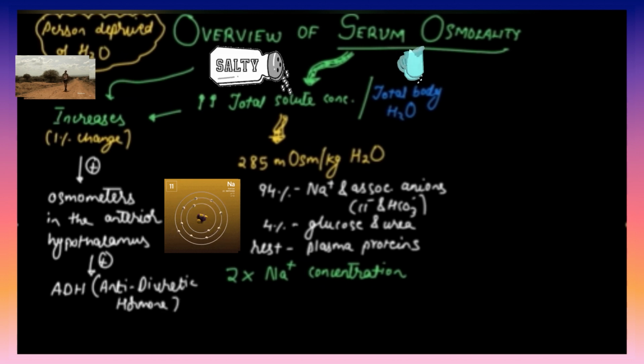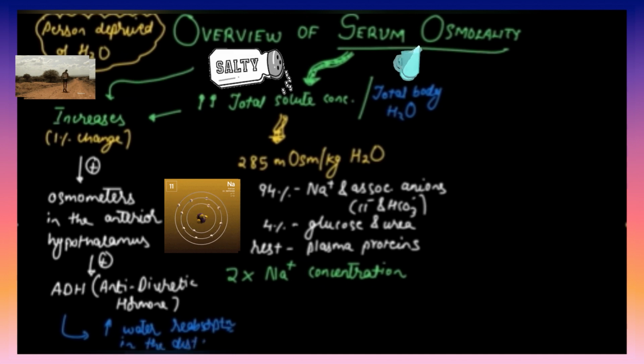So ADH will increase the reabsorption of water from the late distal tubule and the collecting duct, and thereby restore the osmolality back towards normal. It does this by inserting water channels called aquaporins into the principal cells of the late distal tubule and the collecting duct, and reabsorbs water, and that is how we restore the balance.